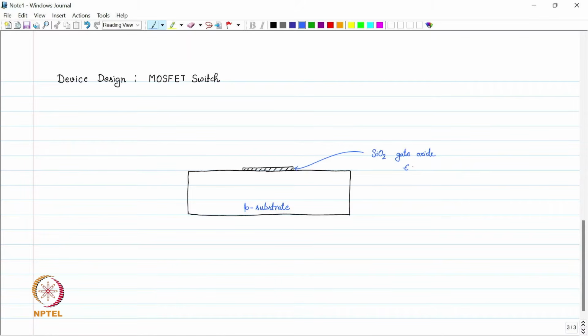This epsilon is typically 3.9 epsilon naught.